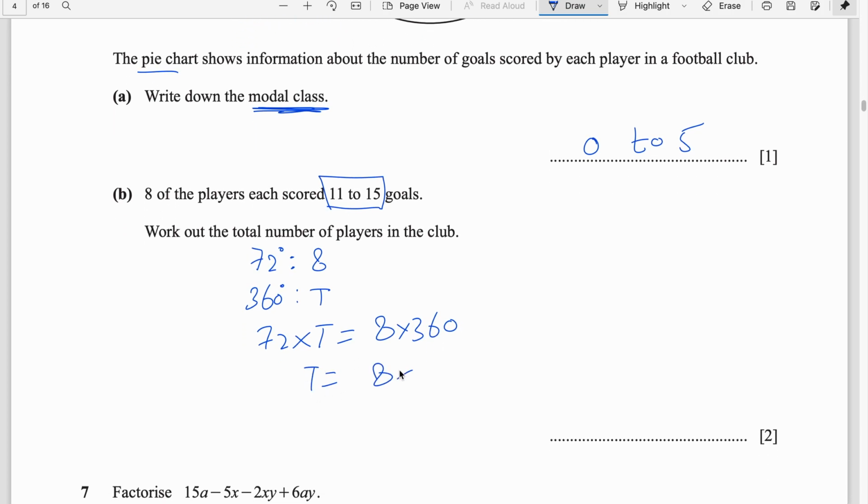And t is equal to 8 times 360 by 72. So if we divide by 12, 12 6 times, and 12 30 times, 2 3 times, 2 15 times, 3 1 times, 3 5 times, and 8 5 times is 40.